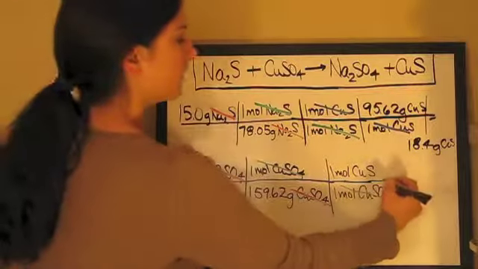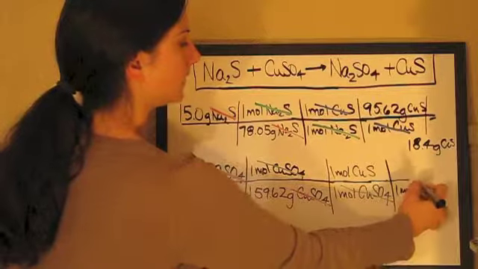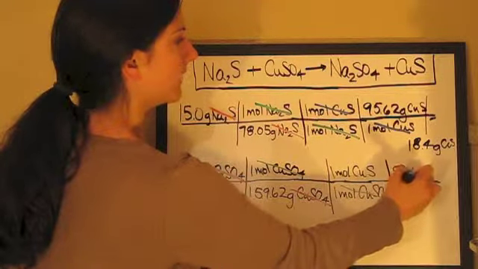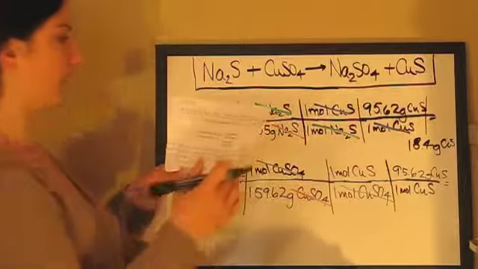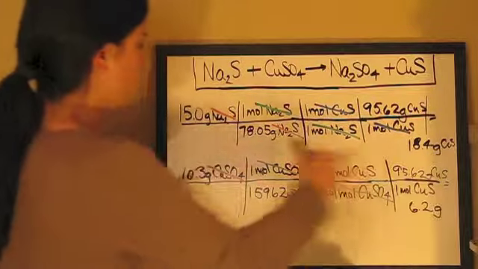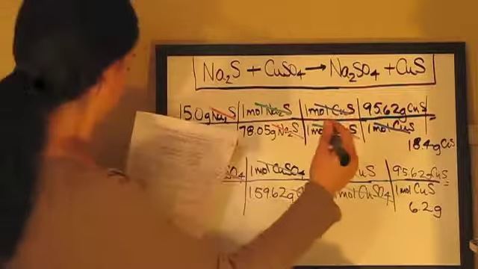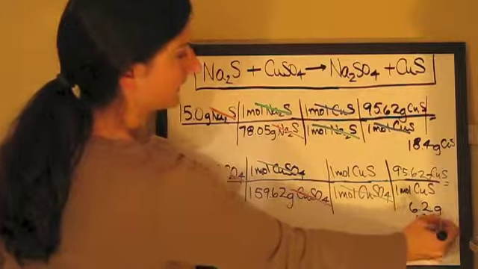And now we can convert to grams of copper sulfide, because for every 1 mole of copper sulfide, there are 95.62 grams of copper sulfide. And what this gives us is 6.2 grams when we multiply, divide, multiply, and multiply. And this is 6.2 grams of copper sulfide.